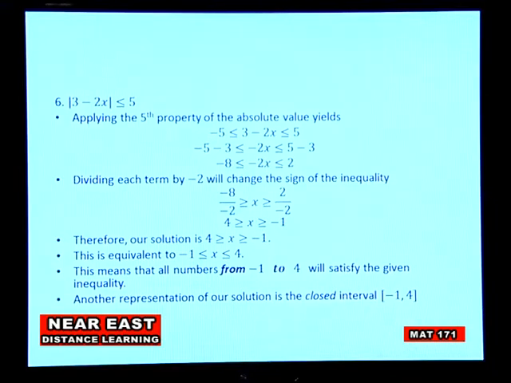Like I said, if you divide a linear inequality by a negative number, the sign of the inequality will be reversed. Look at it. I have minus 8 less or equal to minus 2x, which is less than or equal to 2. Divide by minus 2, the sign of this inequality will change. So you will have minus 8 over minus 2 greater or equal to x greater or equal to this.